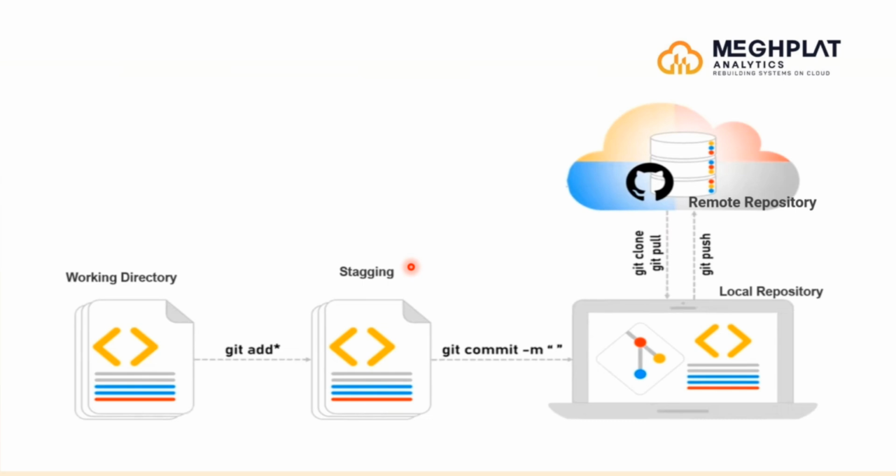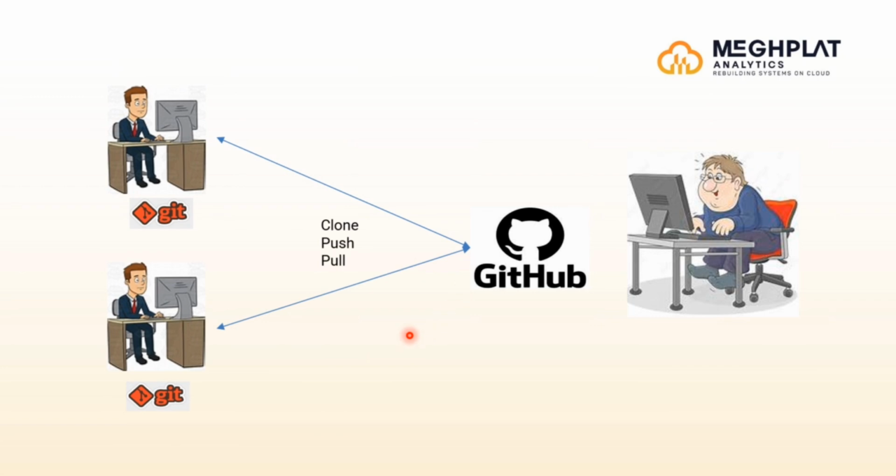So let me try to give you an example using these images so that you will be clear. Imagine there is a lead. He is the lead, and the lead will create a project and ask the team to clone that project in their local machines and ask them to develop their code. So now they make some changes and finally they push the code into this remote repository.